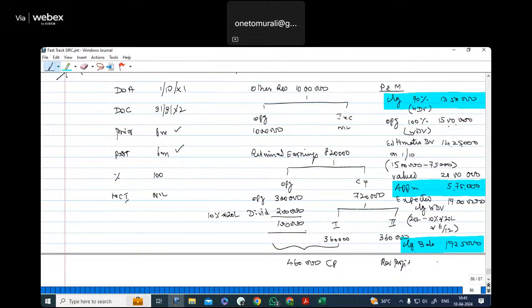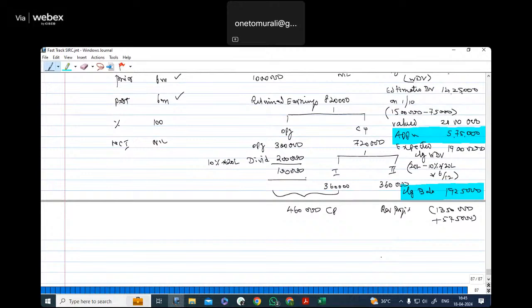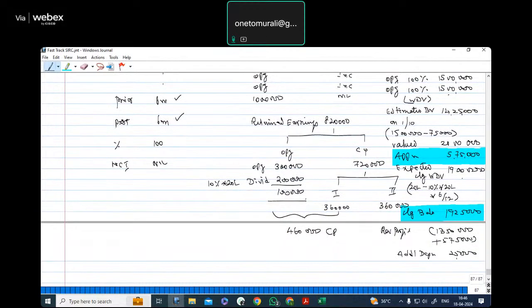How come? 13 lakh 50,000 as you find plus 5 lakh 75,000 that you are appreciating, it comes to 19 lakhs and 25,000. It should have been 19 lakhs. So excess, that is additional depreciation required, is 25,000. I hope that things are clear for you. So let me repeat once again.